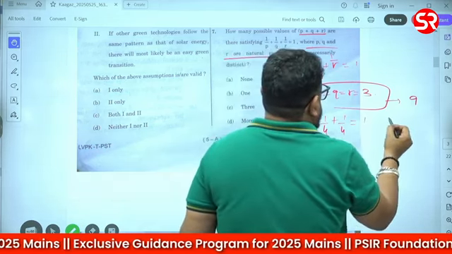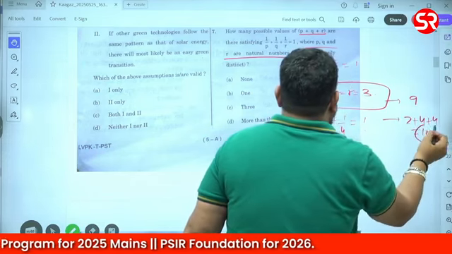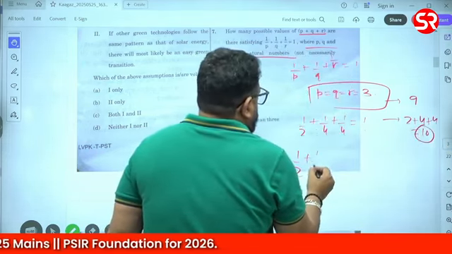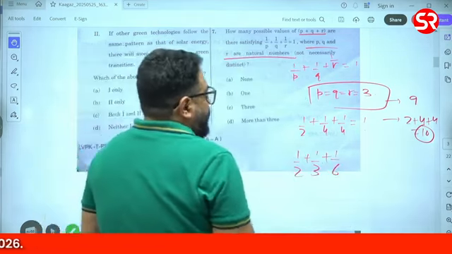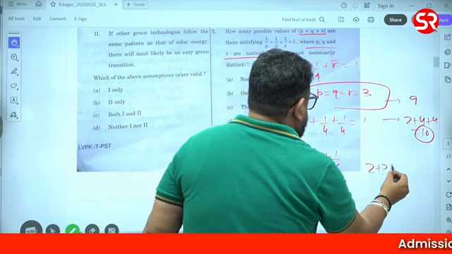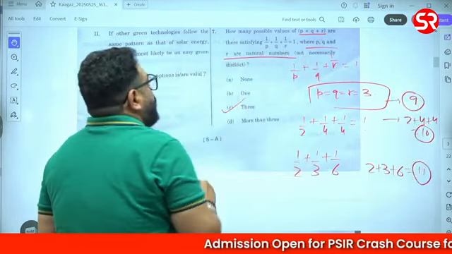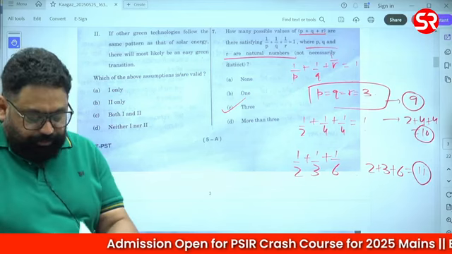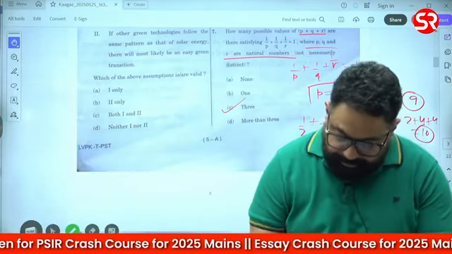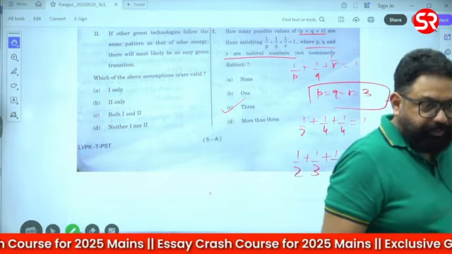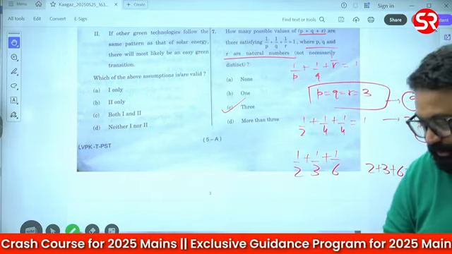So your sum is again 2 plus 4 plus 4, which is 10. One more is 1 by 2 plus 1 by 3 plus 1 by 6. Check it out. Right? This also gives you 2 plus 3 plus 6, which is equal to 11. So there are three such values. This is an amazing question, guys. I am highly impressed by this. Highly impressed, right? So next देखते हैं.